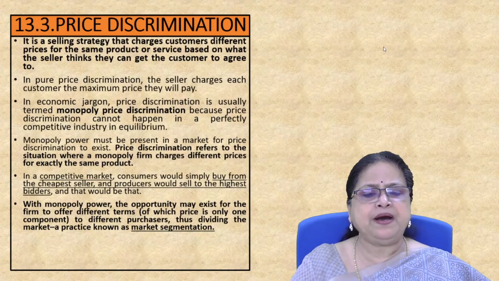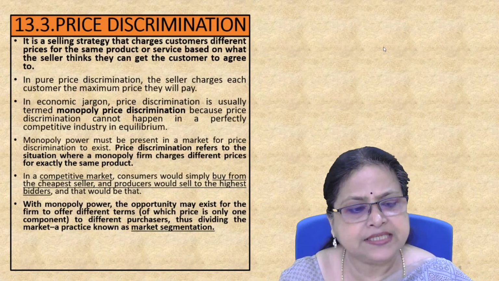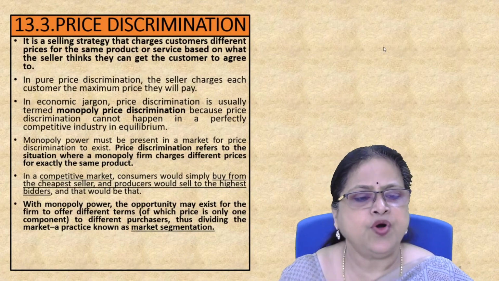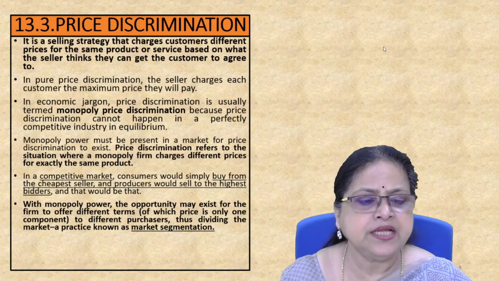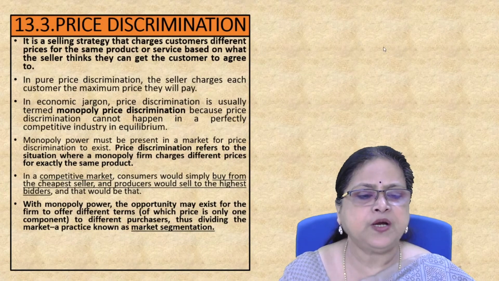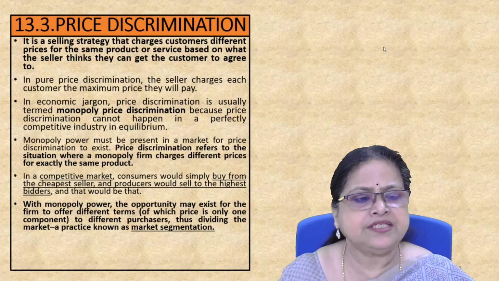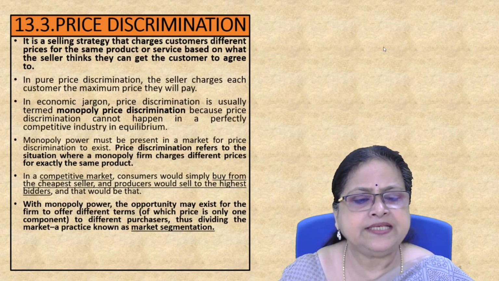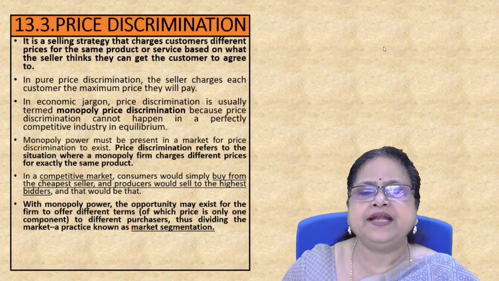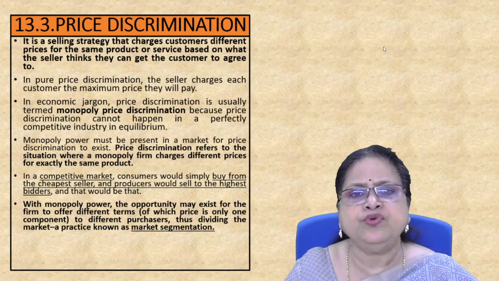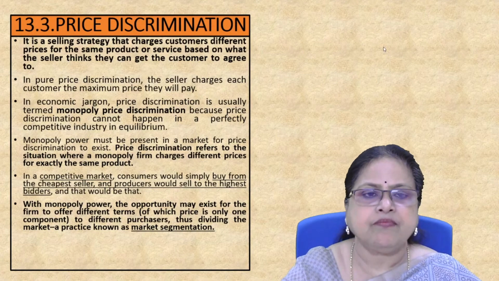But with monopoly power, the opportunity may exist for firms to offer different terms, of which price is only one component. So they can offer different terms to different purchasers, thus dividing the market, a practice known as market segmentation, where the market is divided into different segments.